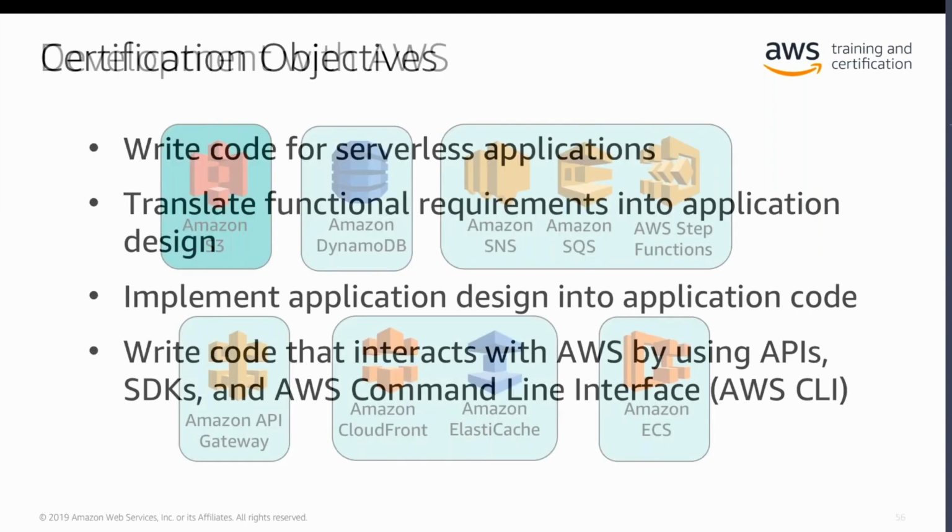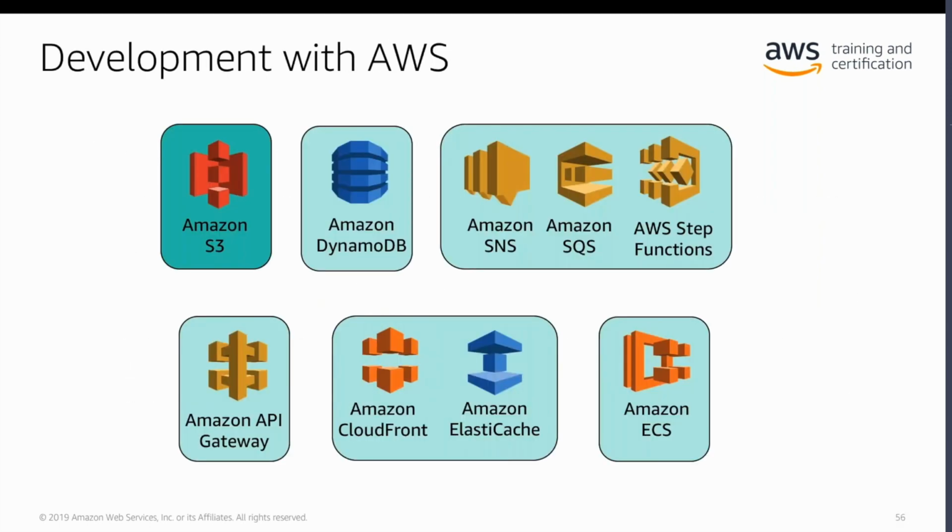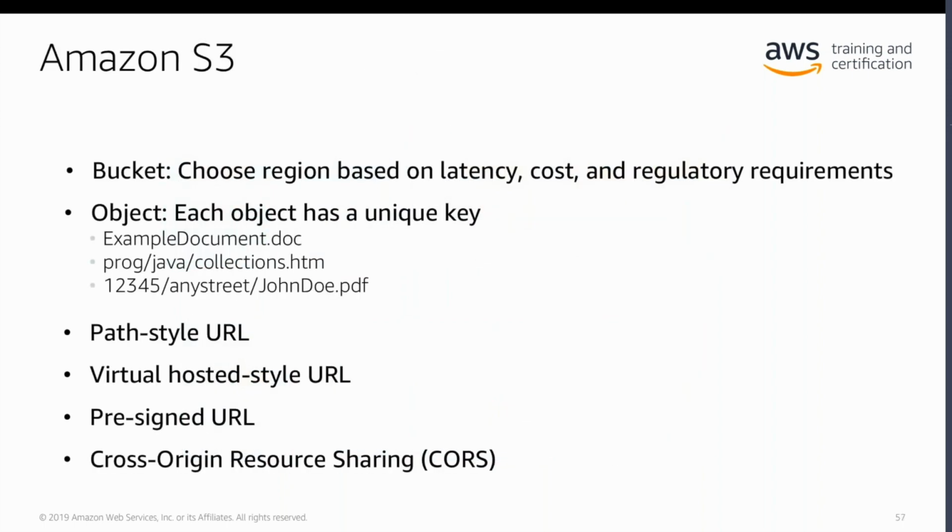Some of the key services that make up this particular section, we've seen these before: S3, DynamoDB, SQS, SNS, Step Functions, API Gateway, CloudFront, ElastiCache, and ECS. Look through each of these. S3 is object-based storage.